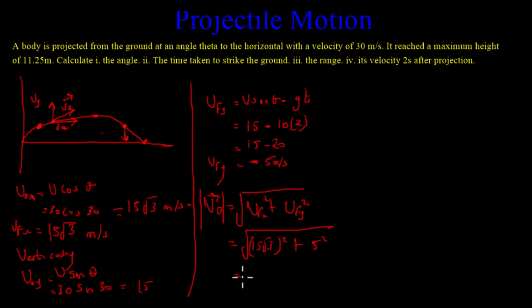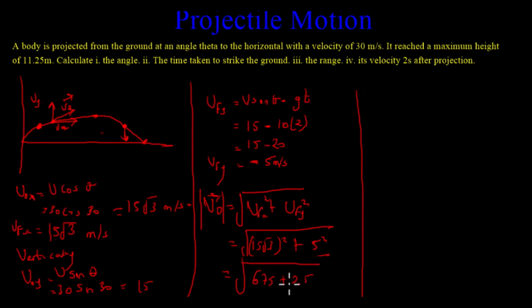So pressing this in our calculator, we want to do it one by one. First of all, we write the 15 root 3, then you square it. After squaring, we have 675, plus 5 squared is 25.